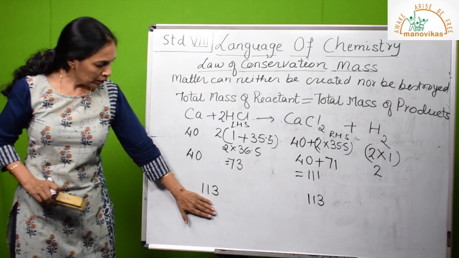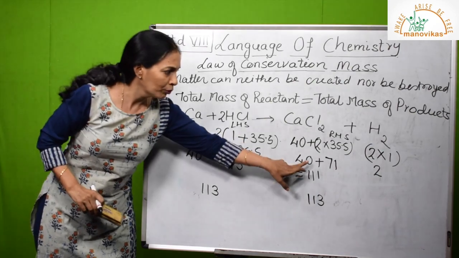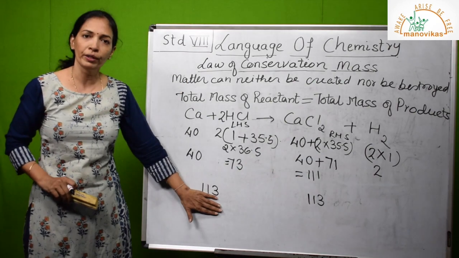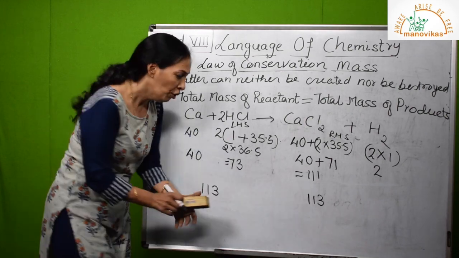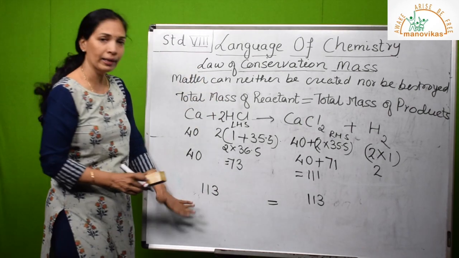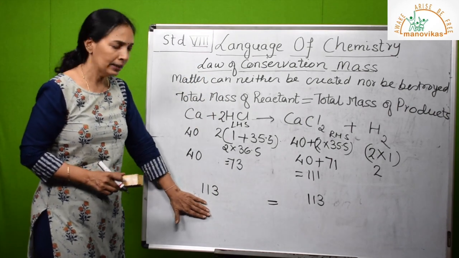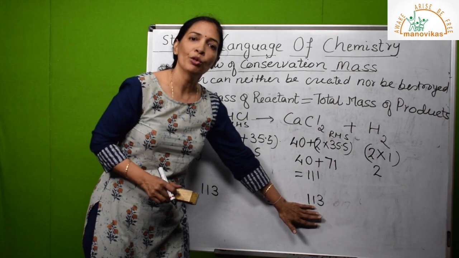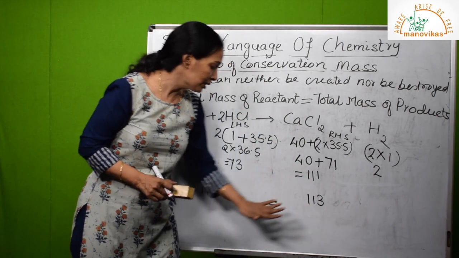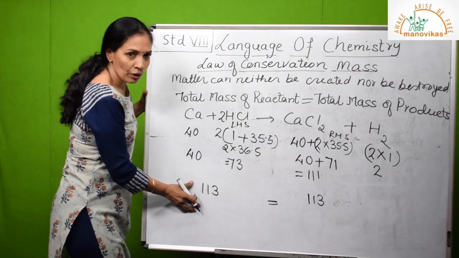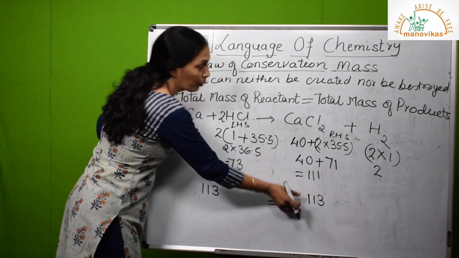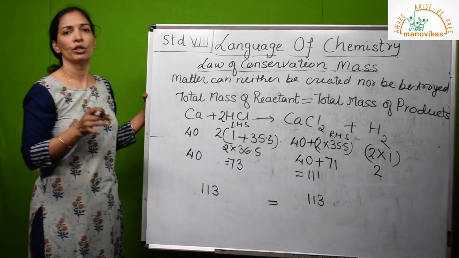This is the total mass of reactants and products. The total mass of reactants is 113, and the total mass of products is also 113. So the total mass of the reactants is equal to the total mass of the products. That is the law of conservation of mass.